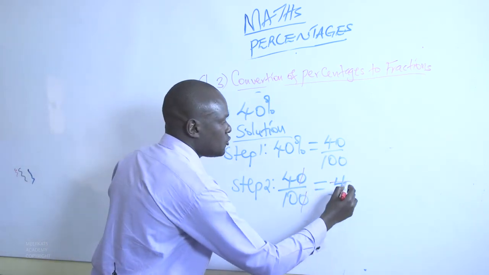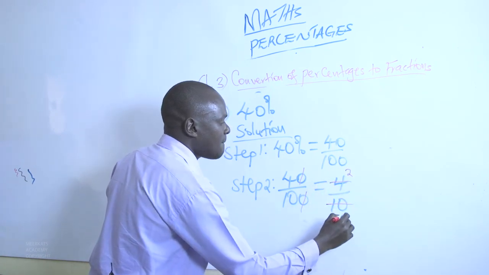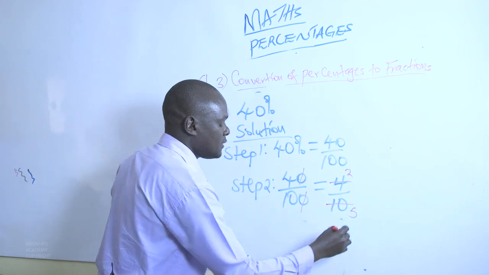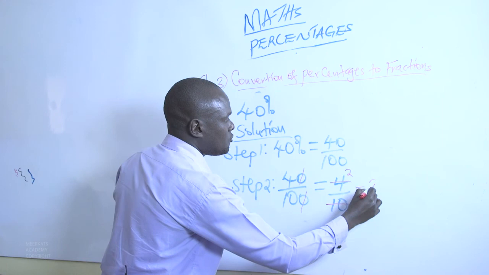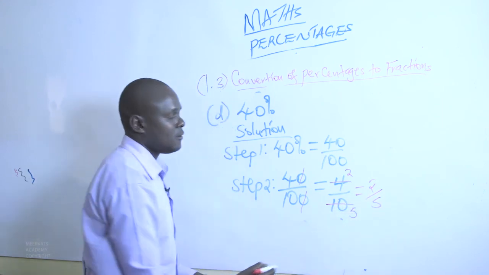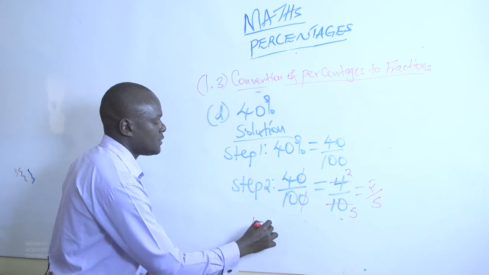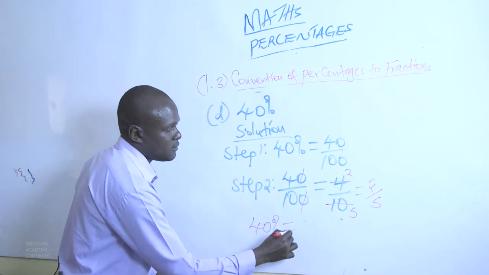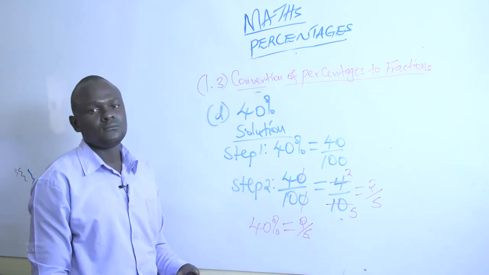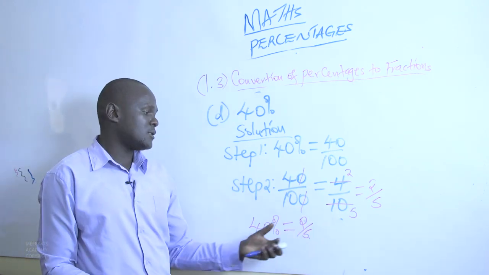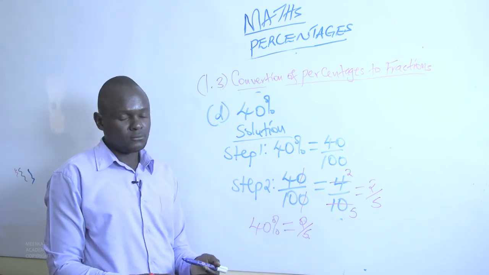So 2 into 4, 2 times, 2 into 10, that is 5, giving us 2 out of 5. This basically means that 40% is the same as 2 out of 5 as a fraction.